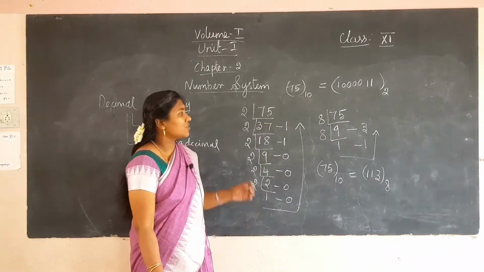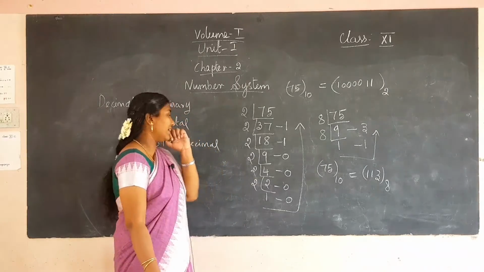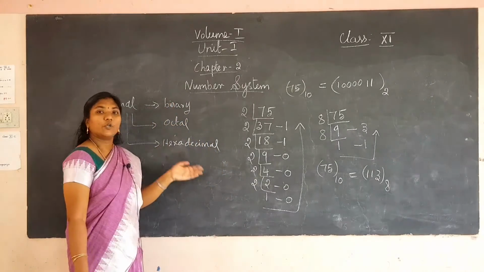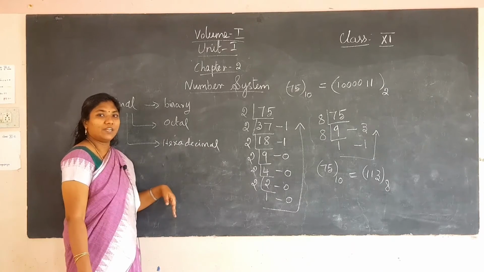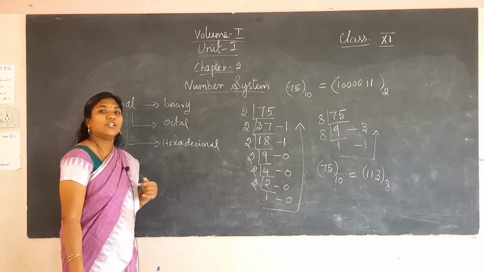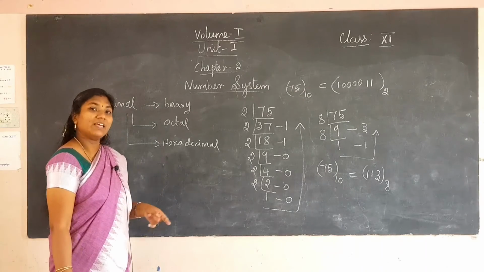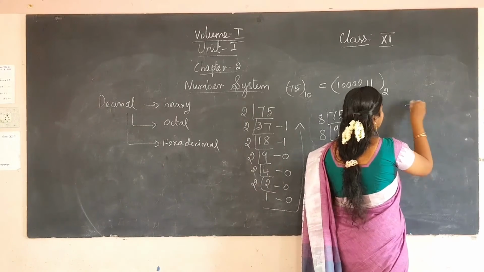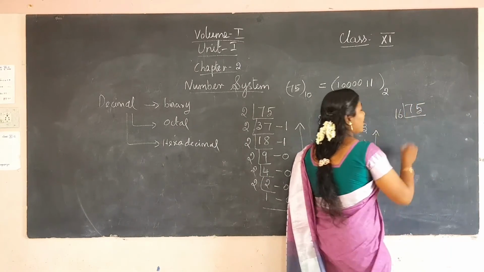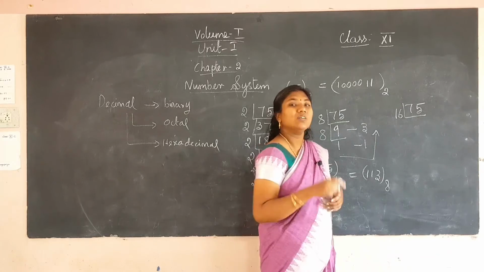Okay. So, suppose you are going to find the hexadecimal equivalent of a decimal number. If you want to convert a decimal number into hexadecimal, then you must divide the number by 16. So, let us take the same number 75 and divide it by 16, because hexadecimal has the base value 16.